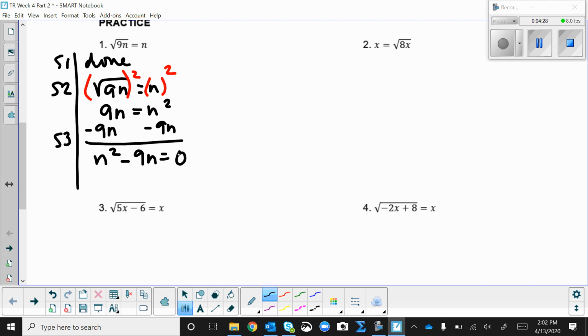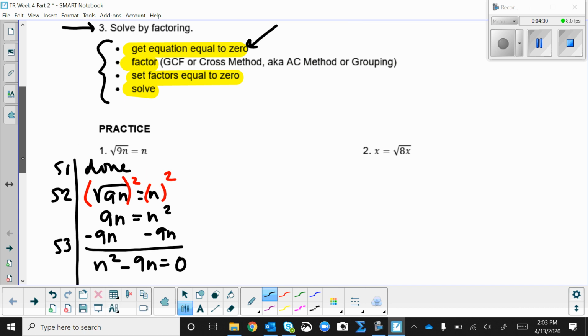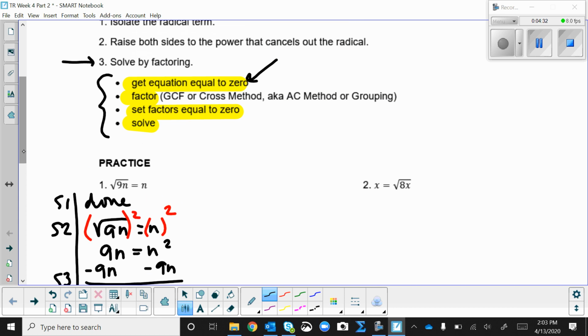So now go up to the factoring, the bullets under step 3. We did the first one, get the equation equal to 0. Read the second one. It says to factor.